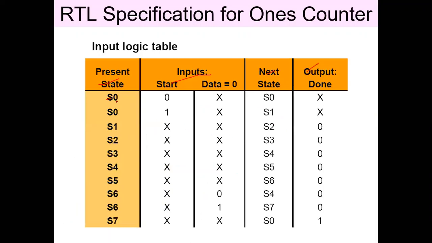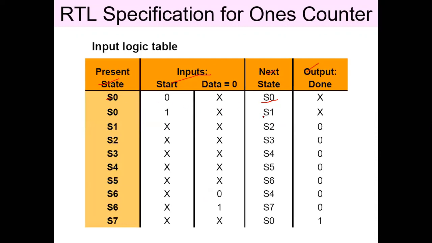We are doing the same thing here. Right now the present state is state 0, and if the start signal is 0, then the next state is 0, independent of data. Whatever the value of data, it is not considered here.